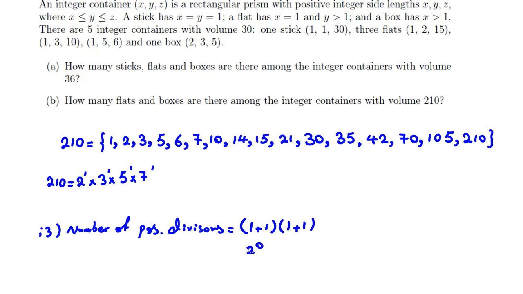Why? Because the divisor can be 2 to the 0 or 2 to the 1, 3 to the 0 or 3 to the 1. 1 plus 1, 1 plus 1. 2 to the 4 is 16. So let's check 1, 2, 3, 4, 5, 6, 7, 8, 9, 10, 11, 12, 13, 14, 15, 16. Okay. So we've written all divisors.